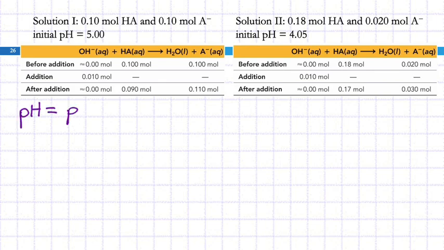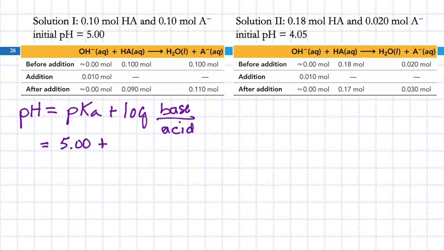So pH equals pKa plus log of the base over the acid. pKa is 5.0. And these are 1 molar amounts, so the base is now 0.110 molar and the acid is 0.090 molar.